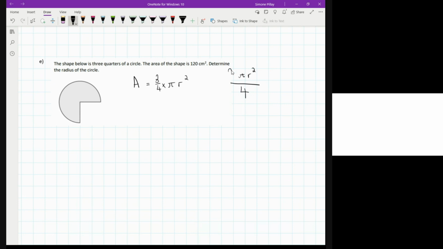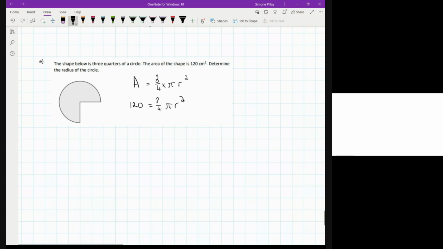Then I multiply it by 3 to get 3/4 of the area. That is the formula I've just created. Now I can plug in the area they've given me and solve for the unknown.